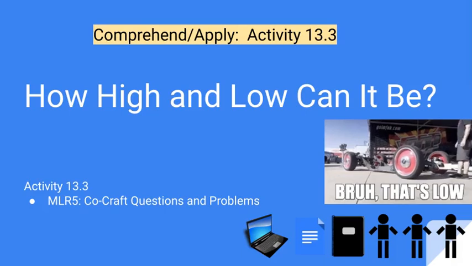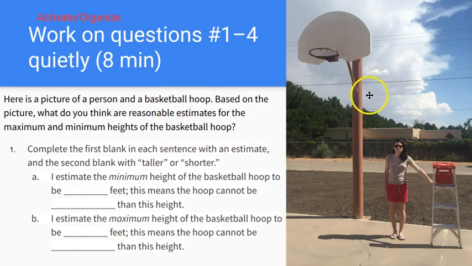All right, let's do a little bit further when we're talking about heights. Let's look at a basketball rim, a person, and then we have a ladder here. So estimate the minimum height of the basketball hoop. Well, we've got a person standing here.